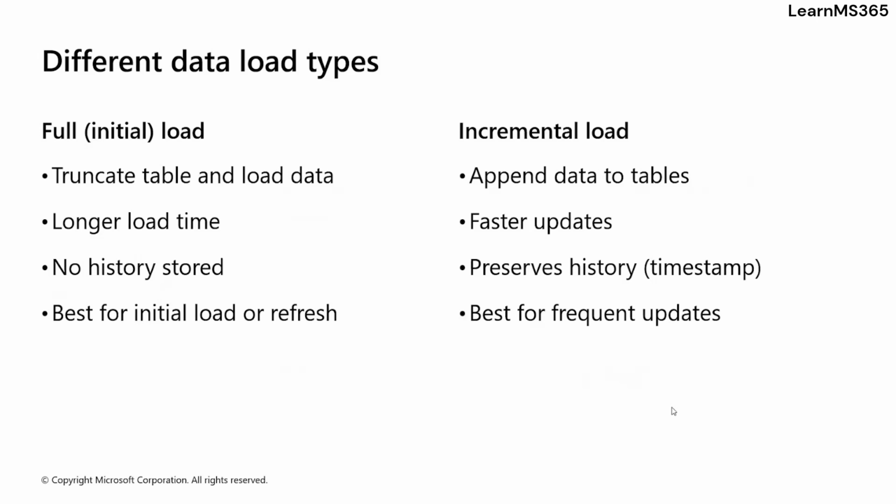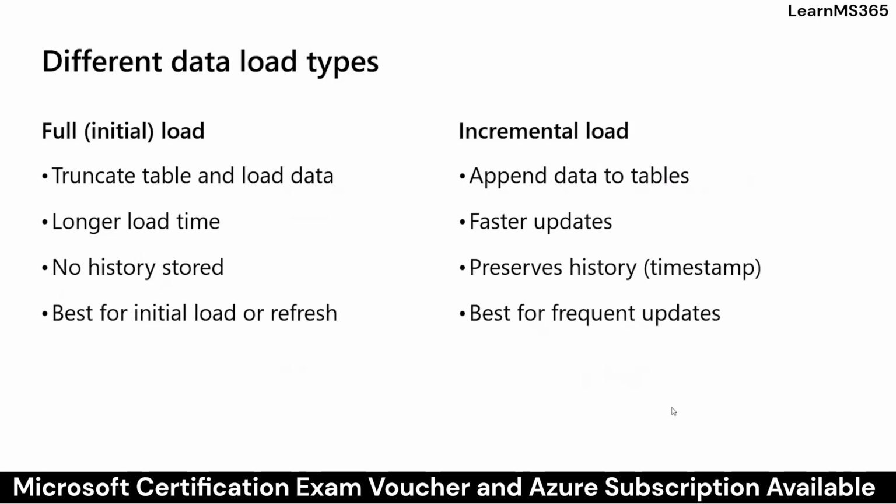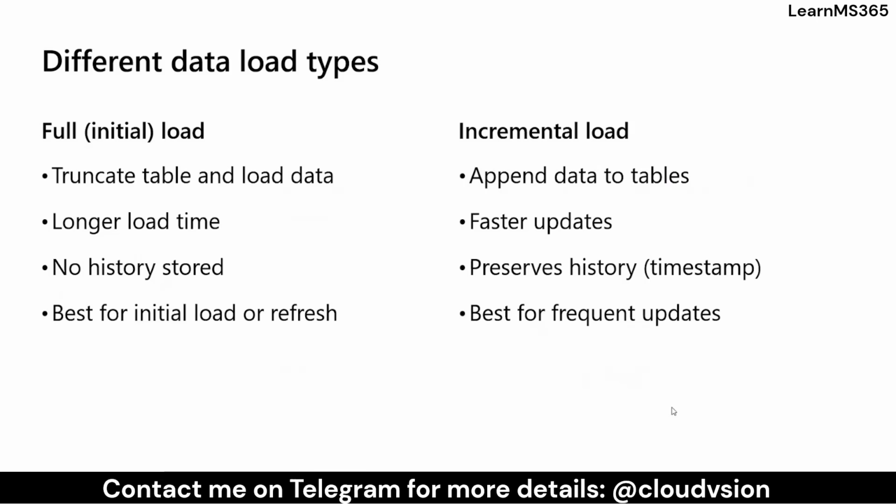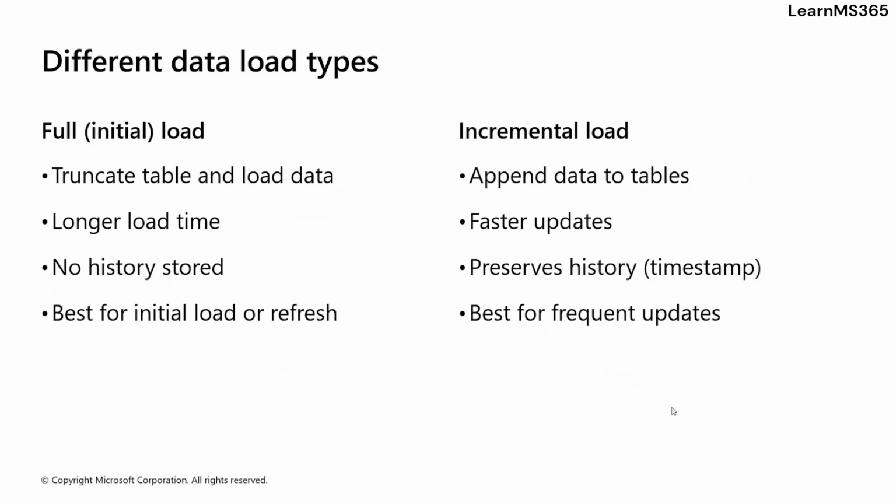The other data load type is incremental load. This is a process of updating the data warehouse with the changes since the last update. Here, the history is preserved and tables are updated with new information.